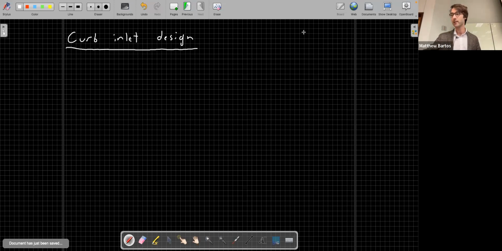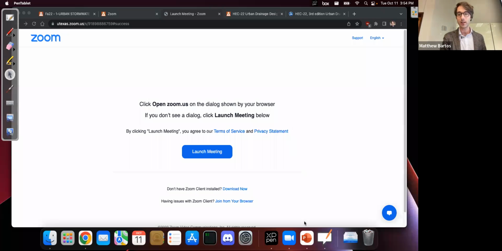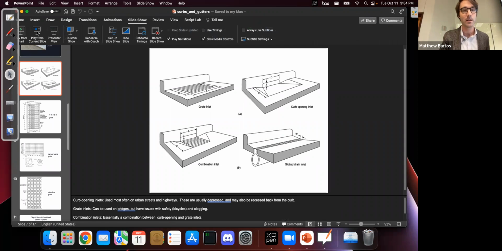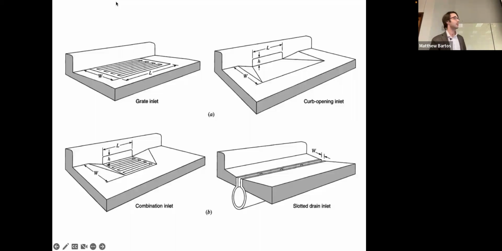Before I start talking about curb inlet design, let me just show you a couple of different curb inlets. Here are a couple examples of different types of curb inlets. Probably the most common one that you'll see is the one in the upper right-hand corner, which is called a curb opening inlet. This is fairly ubiquitous in urban drainage design. Many of you submitted photos of these for your stormwater photos, which I'm going to get to, I promise.